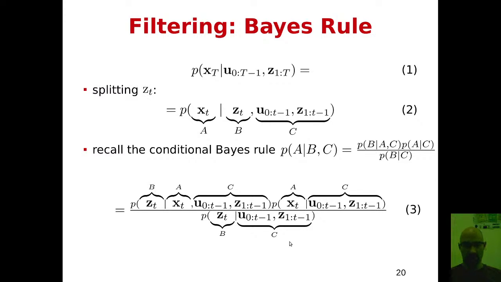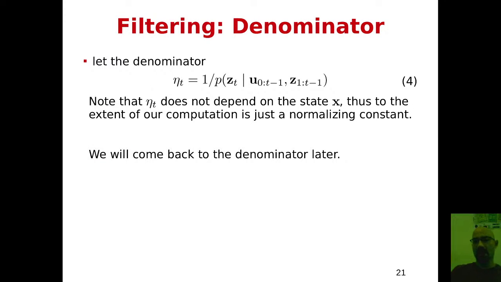Okay. All right. So another aspect that we can observe. We can focus on the denominator, which is the bottom side of the equation. The denominator, as I said, does not include x of t, so it doesn't depend on x of t. And being x of t what we want to estimate, and not present in this formula, we can assume that x of t does not influence this value, which you should remember is just a number.